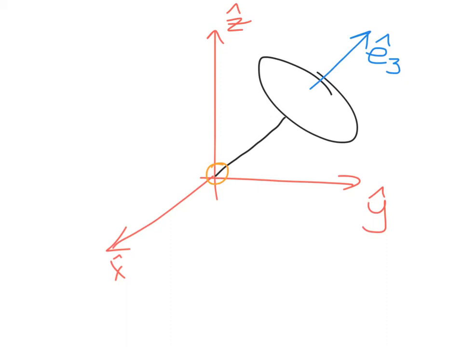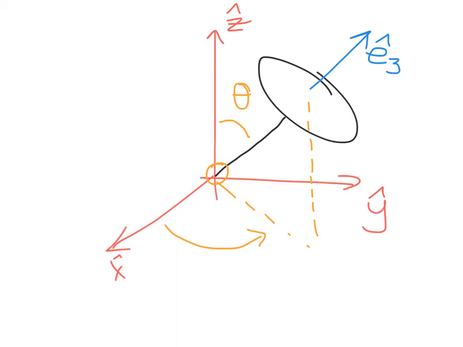So one of the Euler angles we're interested in here is this angle, theta. So theta is going to be that angle between the stem and the z-axis. Another angle we need to worry about is the angle phi, and phi is going to be this angle between the x-axis and the projection of the center of the top on the xy plane.